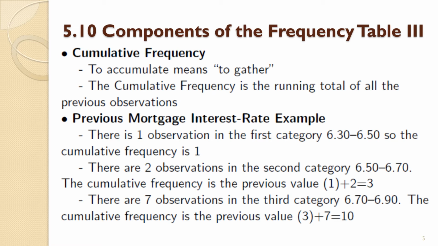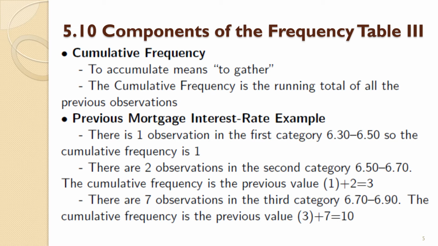As a recap, take the frequency table of a couple of slides ago. There's one observation in the first category, so the cumulative frequency that goes with that is 1. There are 2 observations in the second category, so in the first 2 categories you've accumulated 1 plus 2 equals 3 observations, so the cumulative frequency for the second category is 3.